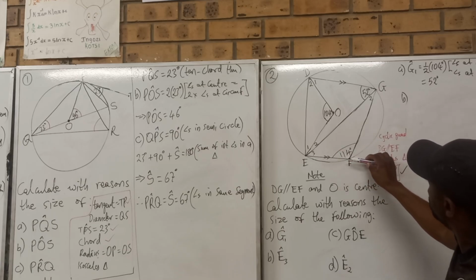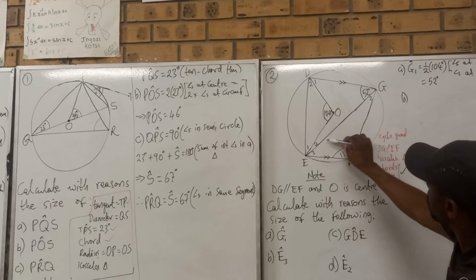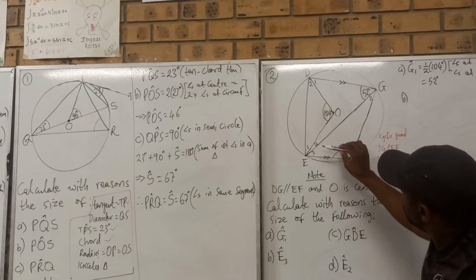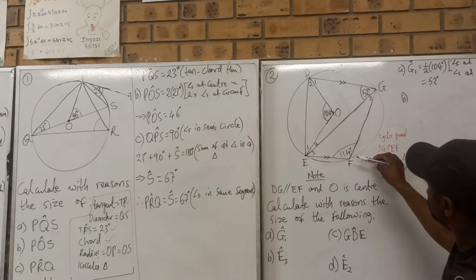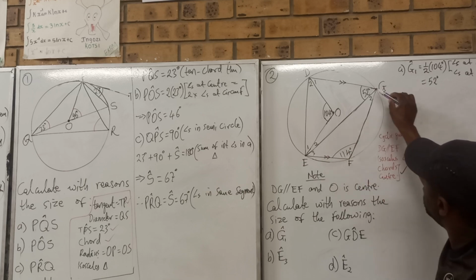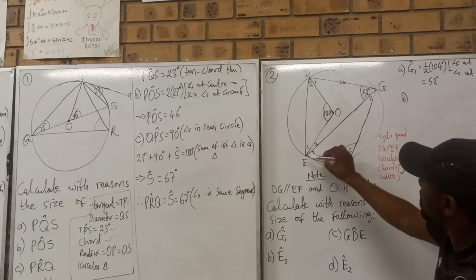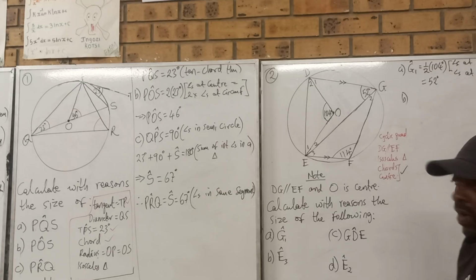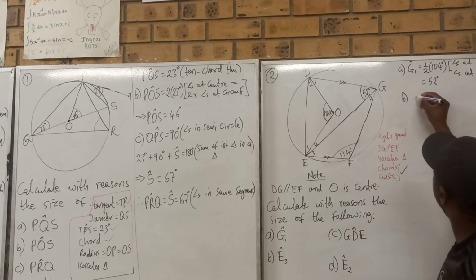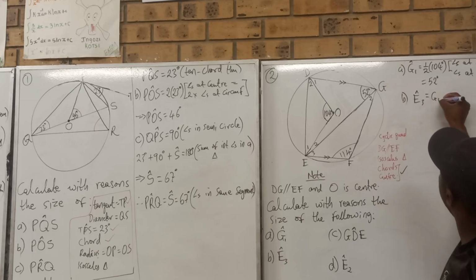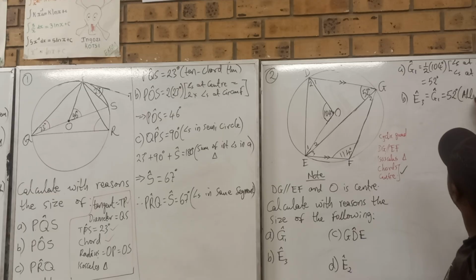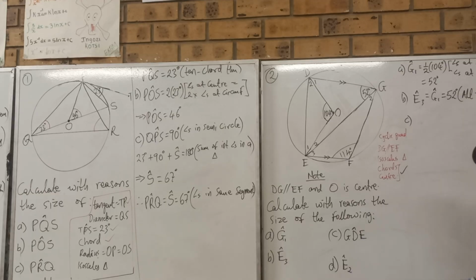This makes it easy for us to create our Z. If you create your Z, you see it covers E3 and 52. Once your angles are in a Z or an N, they are alternating angles. So I can easily see that E3 is the same as G1, which is 52 degrees. That's how easy it is, and I'm done with parallel lines.